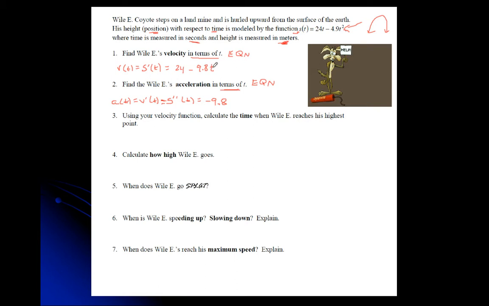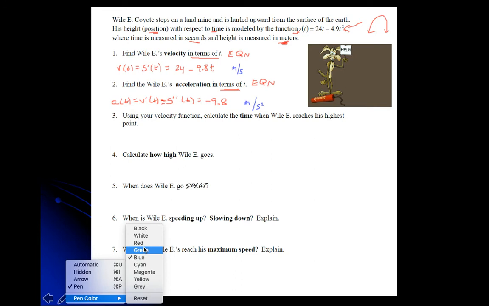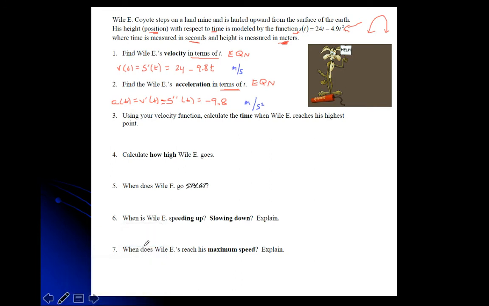Any value you put in for t, you're going to get meters per second out of the velocity, and here you're going to get meters per second squared. Again, they're not going to take off points if you don't have units on an equation, but they will every time they give you a value. So it's a good habit to constantly think about units every time they give you units.